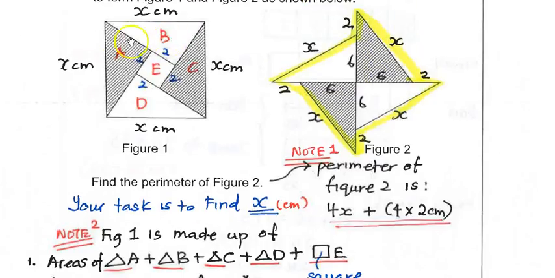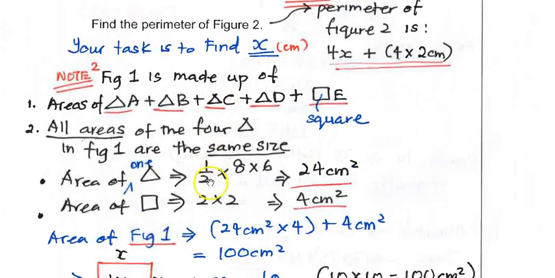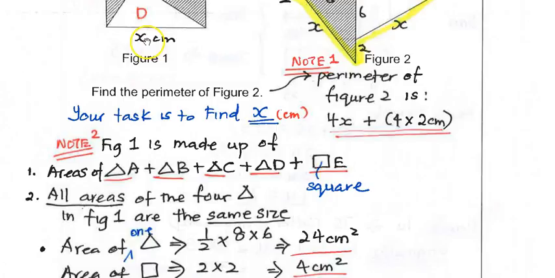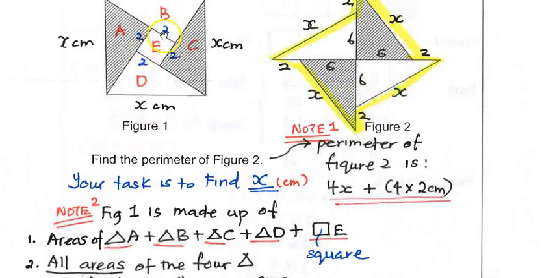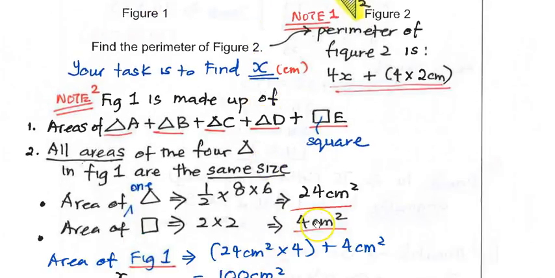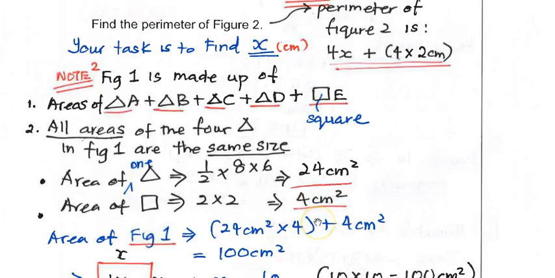Okay, they are the same, A, B, C, D. If I find A, I should be able to take times 4 and I get the area of all the 4 triangles. Alright, so I find 1, 24. Okay, one of the triangles is 24, and the square itself is 2 times 2, okay, which is 4.